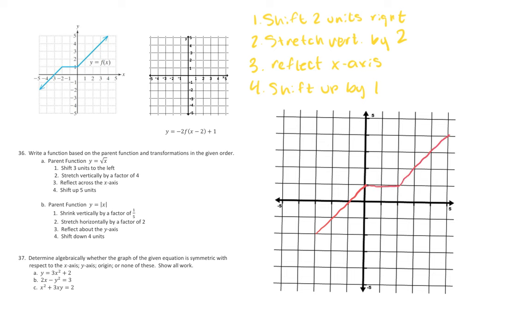And then our next transformation is going to be stretching this vertically by a factor of 2. So what we're going to do is we're going to basically multiply all these points by 2. So this is going to move up to here. This point's going to move up to here.